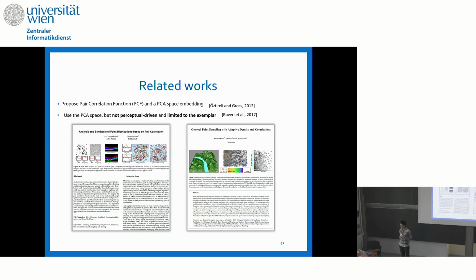There is some existing work in terms of the space of correlation, PCF-based representation of correlations. The fact is that they were used, for example, for synthesis. The fact is that the space that was considered in that context was not perceptually driven, and the editing of correlation that was proposed there was limited to the examples that they had.